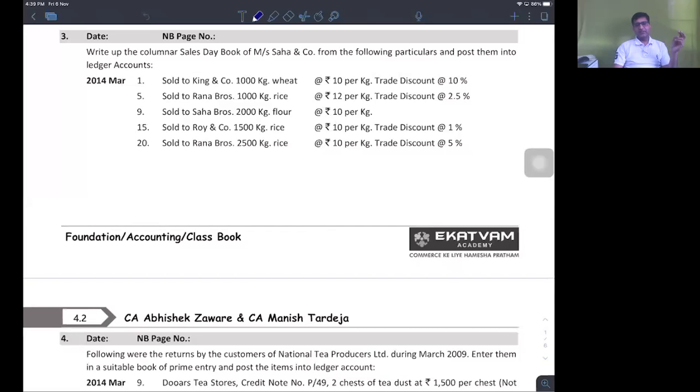Then the only thing that will remain is the cash book in this subsidiary book concept. So before you go on the Diwali vacation, we'll finish at least the concept of subsidiary books and cash book. In tomorrow's session, we are going to talk about purchase and sales return book.